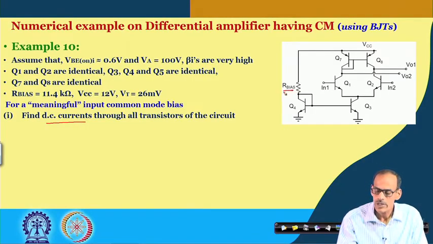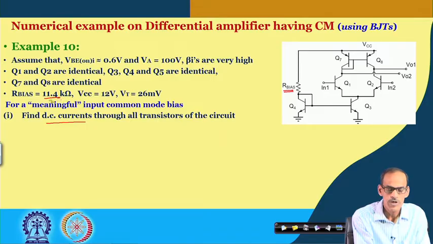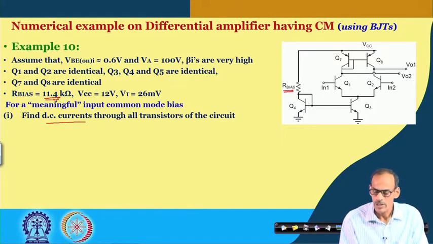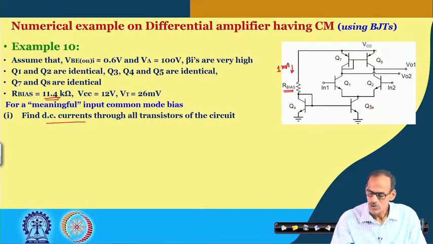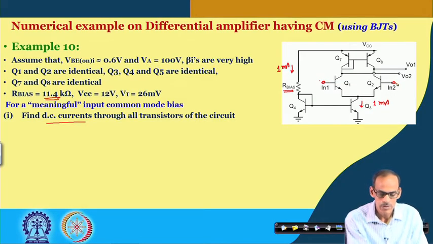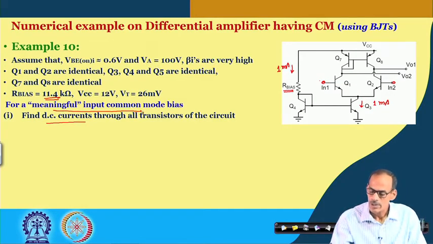Again the value of this resistor is 11.4 K. So, that makes this current equal to 1 milliampere. So, the current flow here is also 1 milliampere, and if we are applying meaningful input common mode DC, then half of the current is flowing here and the remaining half is here. So, each one of them is 0.5 milliampere.